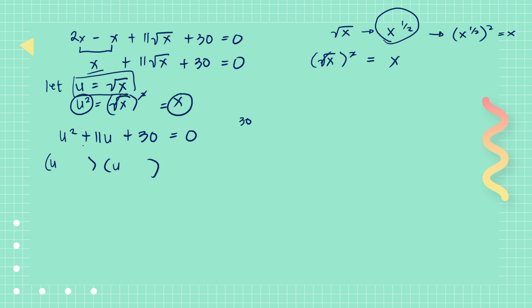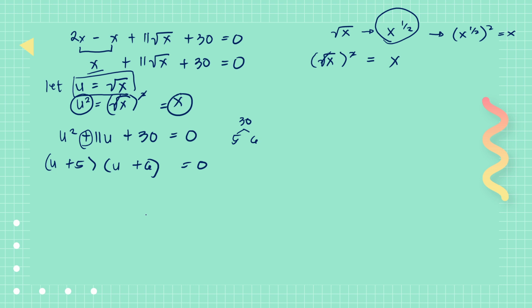And as you can see, the sign of the middle term here is positive. So meaning the factors of positive 30 should be positive. Okay, so we have here 5 and 6. So 5 times 6, that is 30, and 5 plus 6 is 11. So the factors are u plus 5 times the quantity of u plus 6 equals 0.